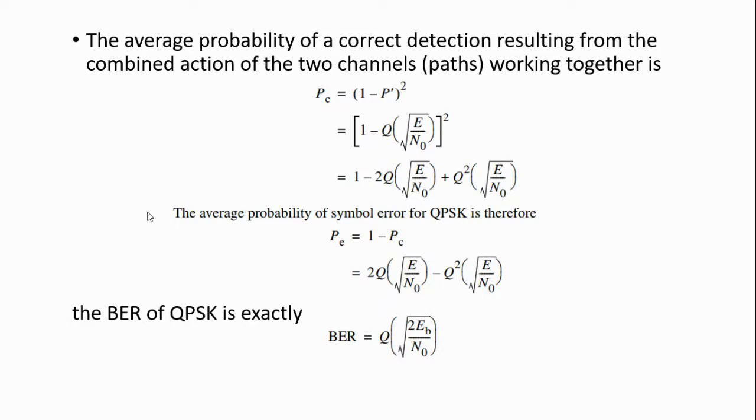So the 1 cancels, and we get 2Q(square root of E/N0) minus Q squared(square root of E/N0). The exact bit error rate of QPSK is BER = Q(square root of 2Eb/N0).